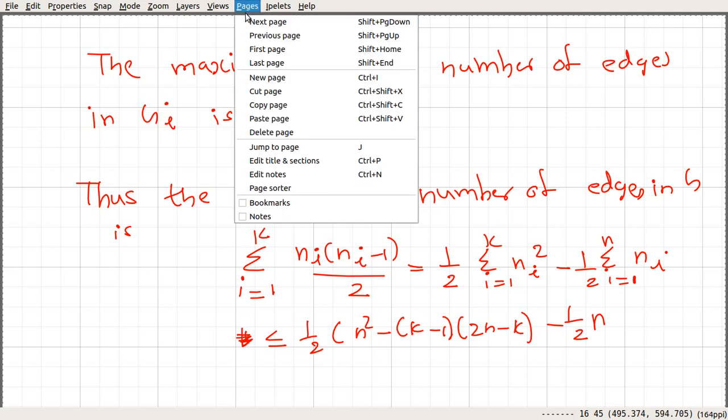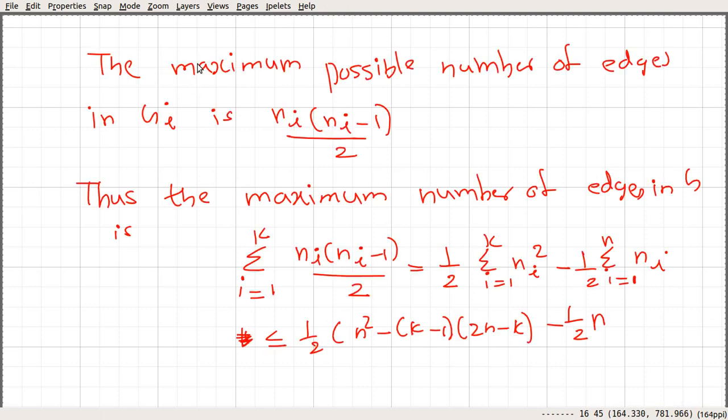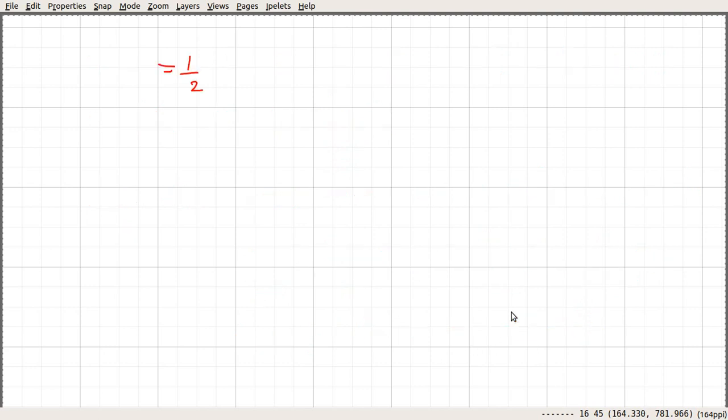Anyway, let's go through that algebra. So we can see that that is equal to 1 by 2 times, if you multiply these together, n squared minus 2nk plus k squared plus 2n minus k, minus n divided by 2.